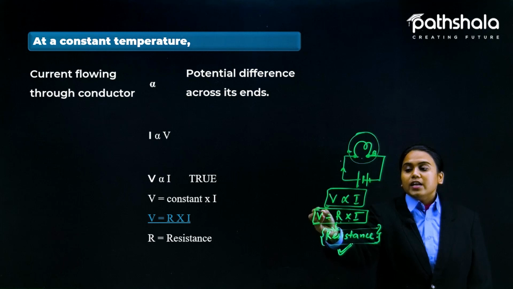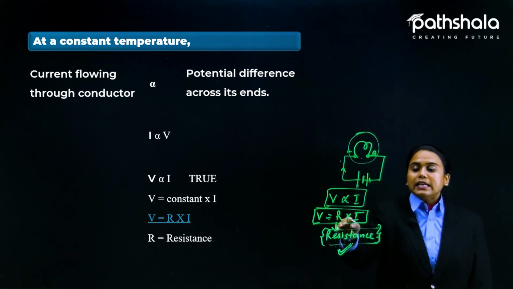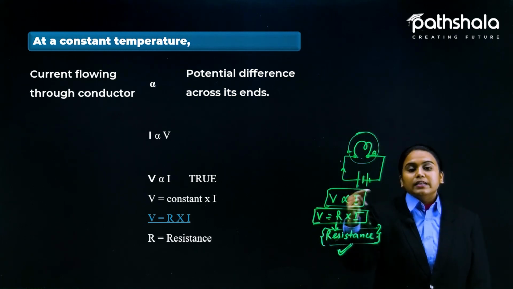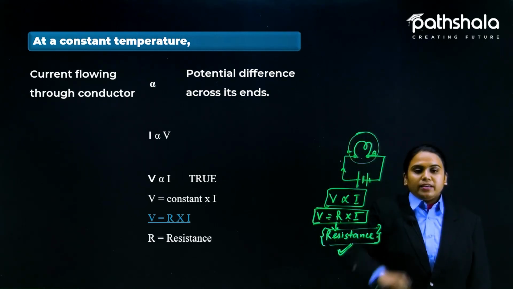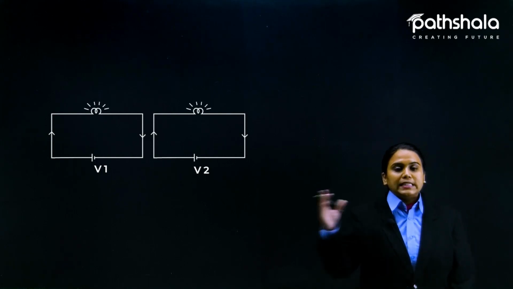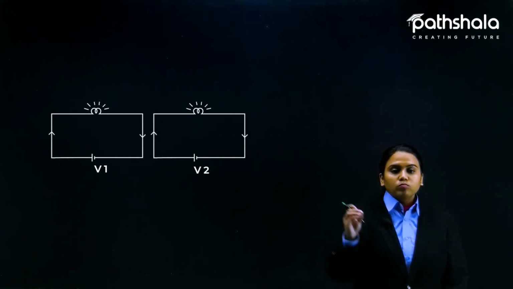That potential stays constant again and again because the current provided in the circuit is multiplied by the resistance produced by the appliance applied here. So here is one example from which I can elaborate more about Ohm's law.